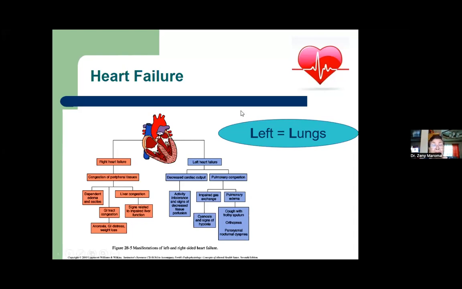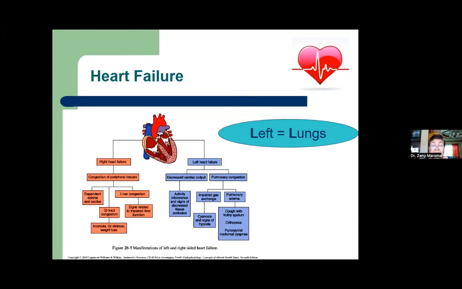Now, pagka may congestion in the lungs, mahirapan na mag-pump si right side. Di ba si right side ang nagpa-pump ng dugo via the pulmonic valve to the lungs. Pero may resistance nga dito eh. Mataas ang resistance, ang hirap mag-pump kasi may congestion na tayo sa lungs.